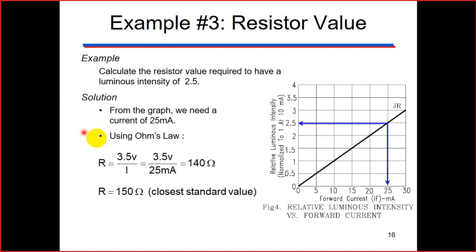So in Ohm's law, the resistor value is 140 ohm and the closest is 150. So you need to just pick the closest standard value that is available in the market.